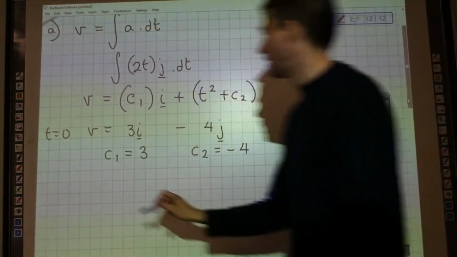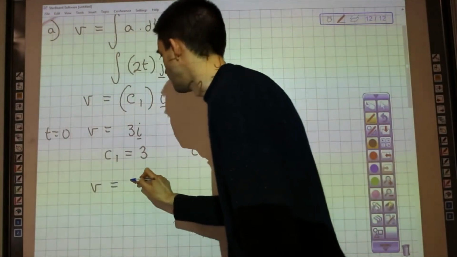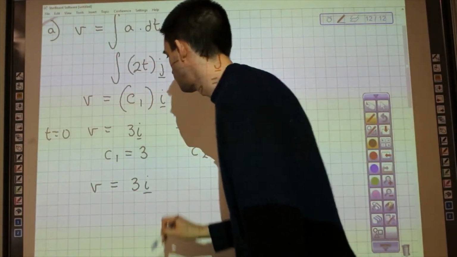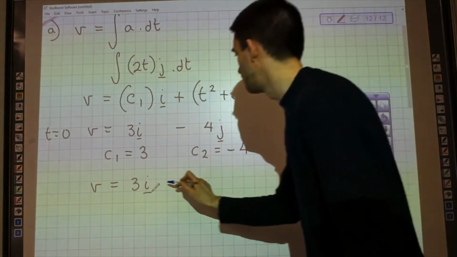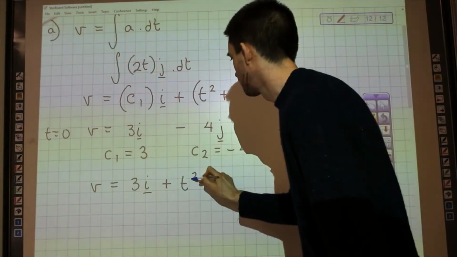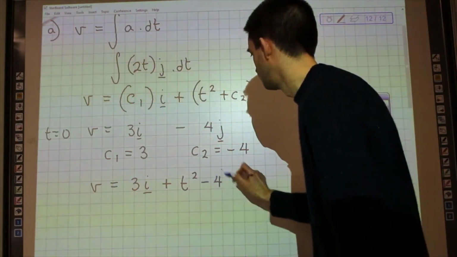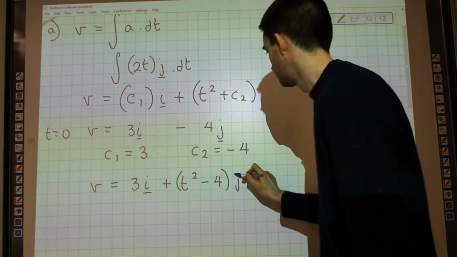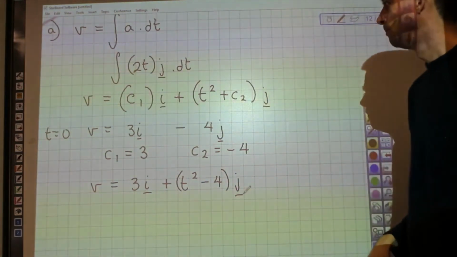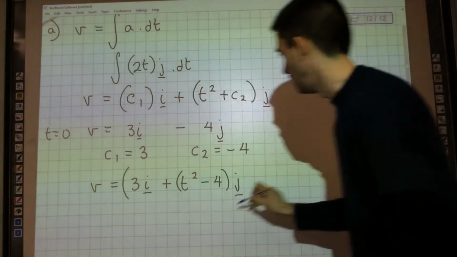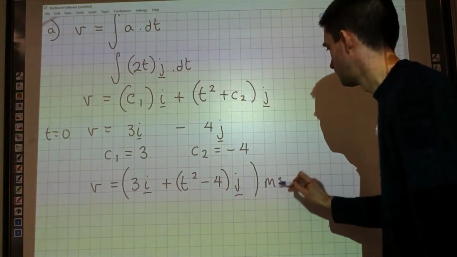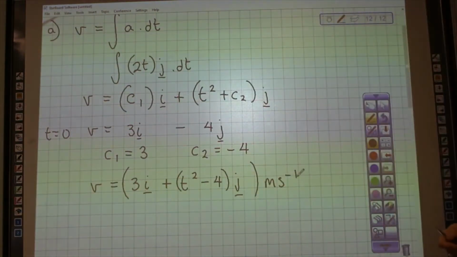Therefore an expression for velocity at time t seconds is 3i plus (t squared minus 4) j, in meters per second.